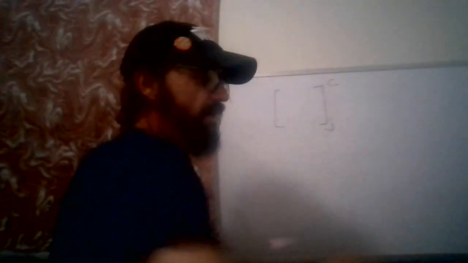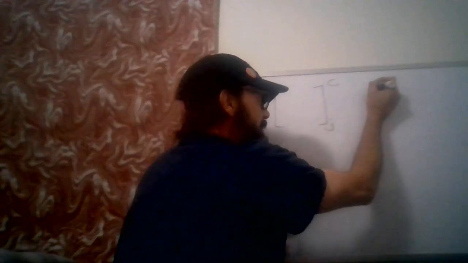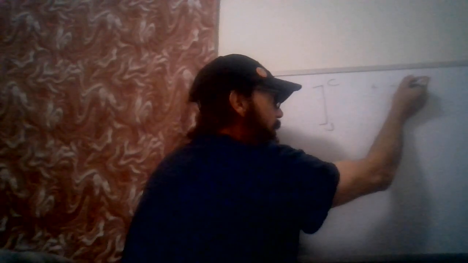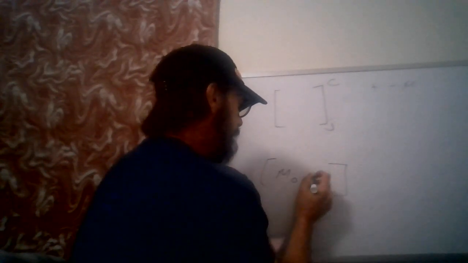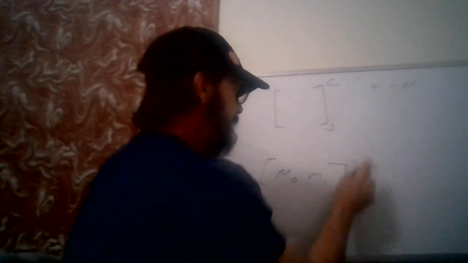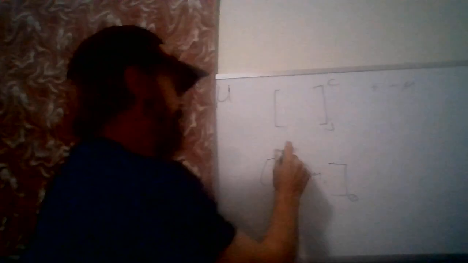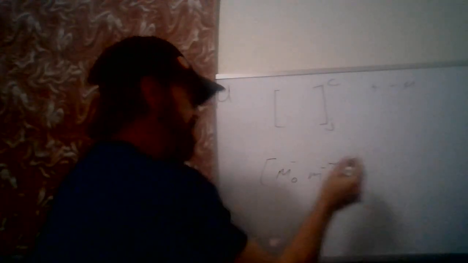So now I'm just going to get rid of that B and say, okay, we've got this charge right here. This C can be replaced with a plus, a minus, or a mu. What this means is everything inside this neighborhood, say it has that.